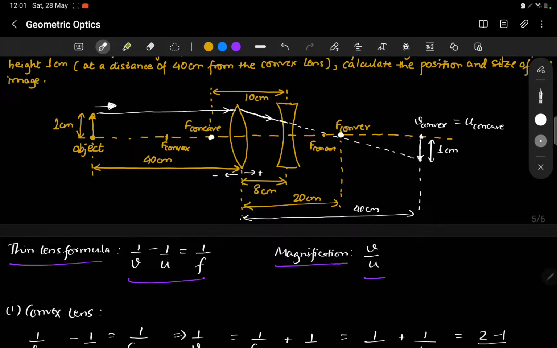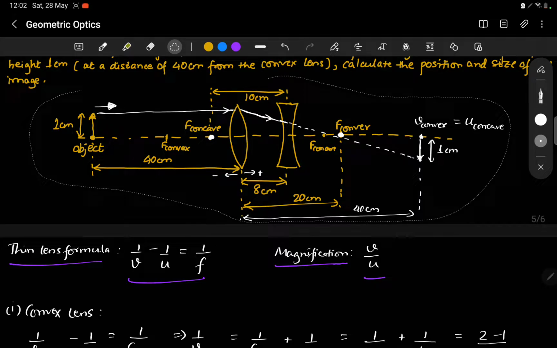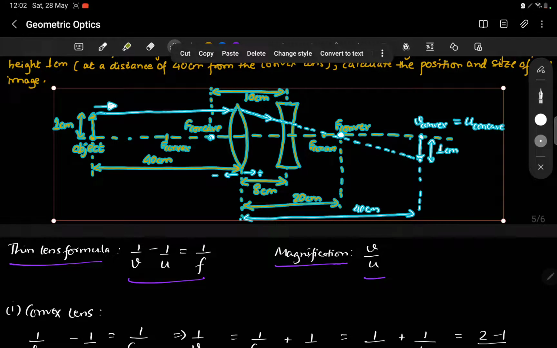Similarly, I think I should redraw this diagram once, otherwise it will get pretty much cluttered. Let us redraw this diagram.